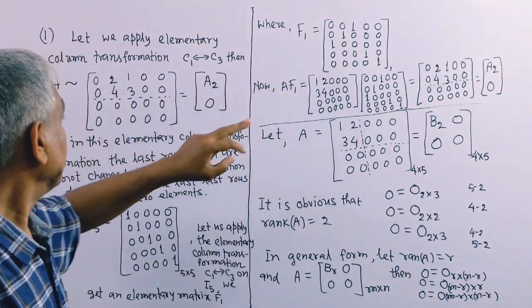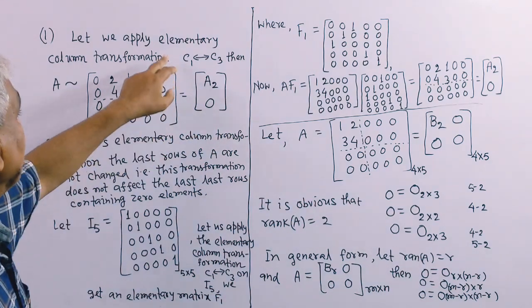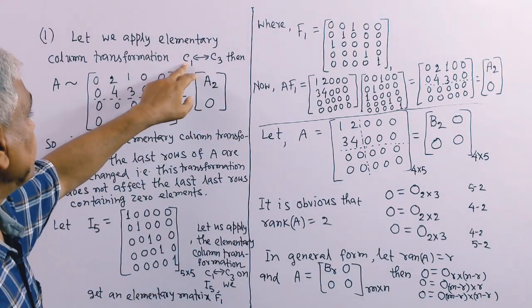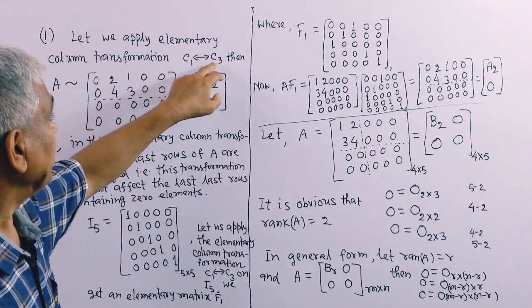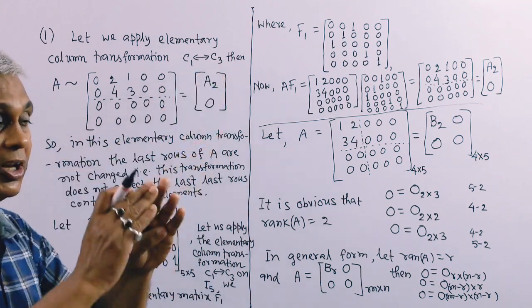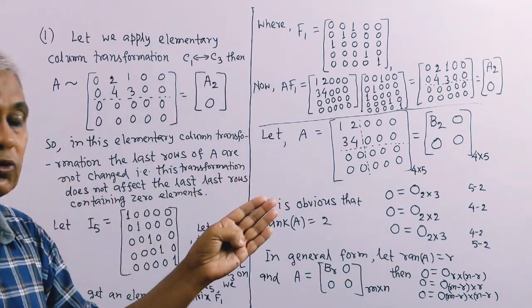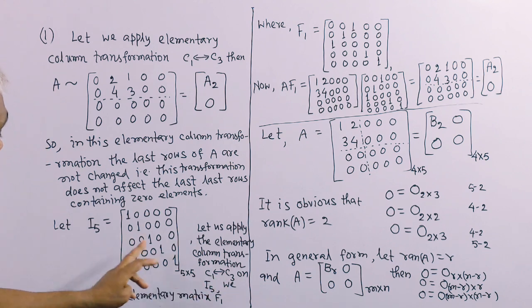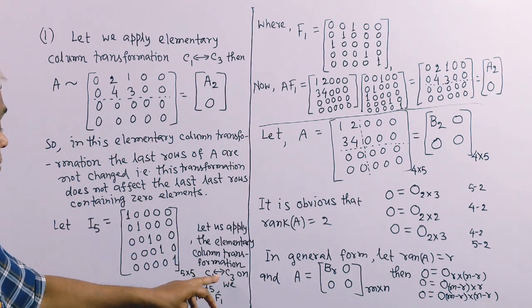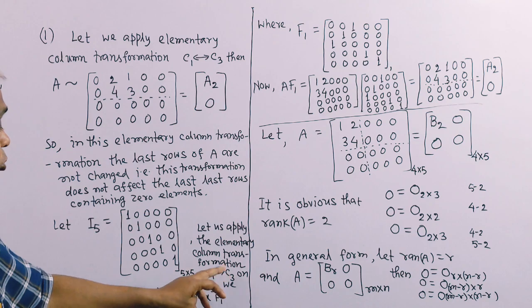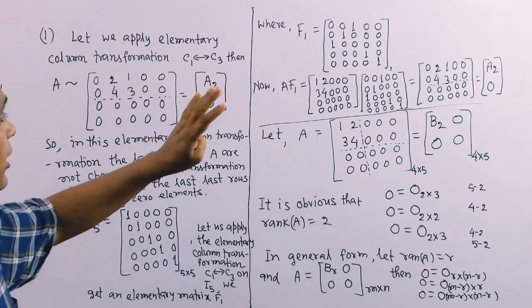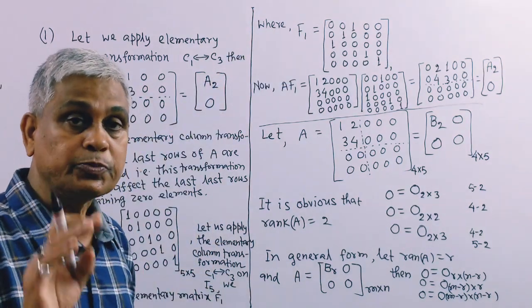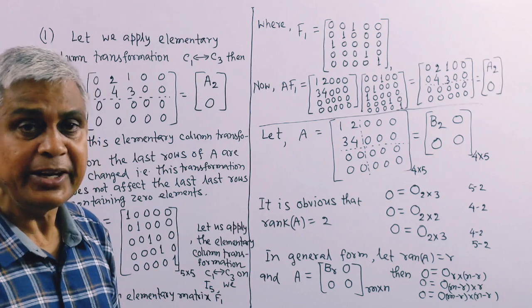Here we have applied the column transformation C1 ↔ C3, a mutual interchange of column 1 and column 3. Here also we have used the same transformation, interchange of column 1 and column 3. So F1 is the corresponding elementary matrix.